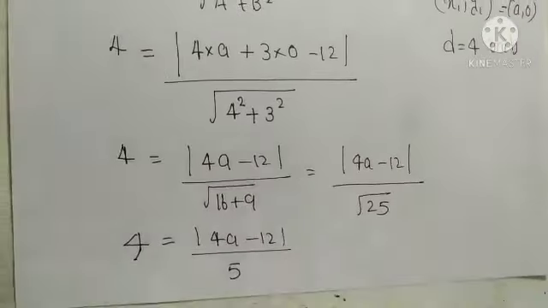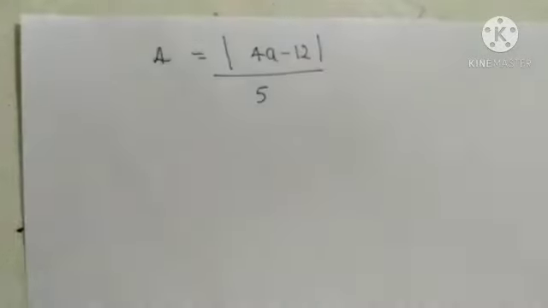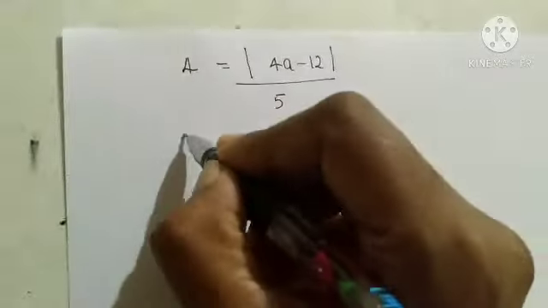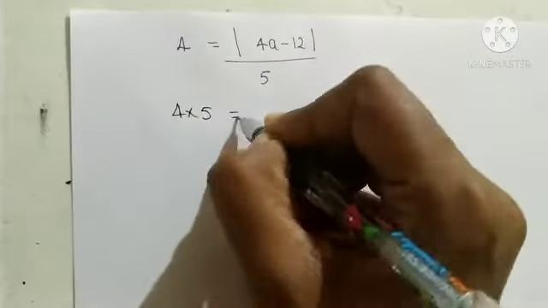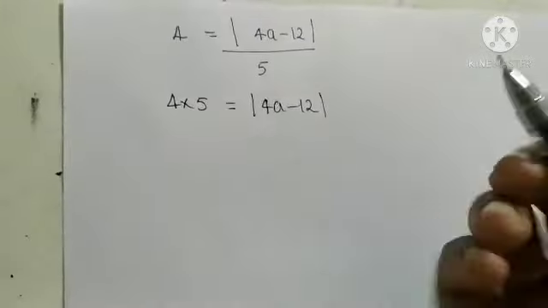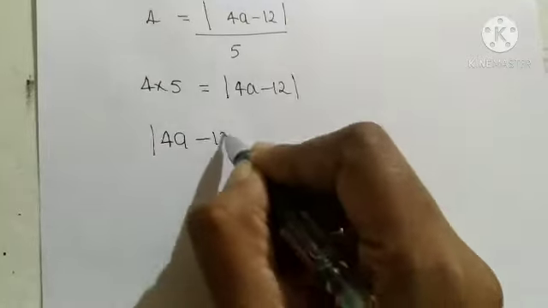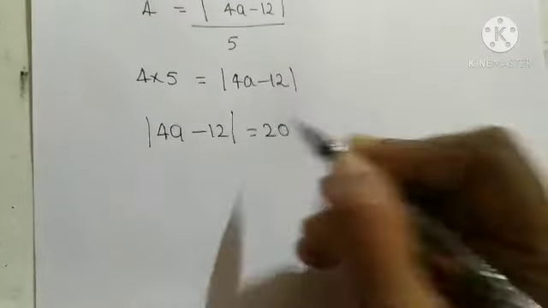Okay, taking this 5 to LHS, we get 4 into 5 equal to mod 4a minus 12. This can be written as mod 4a minus 12 equal to 20.